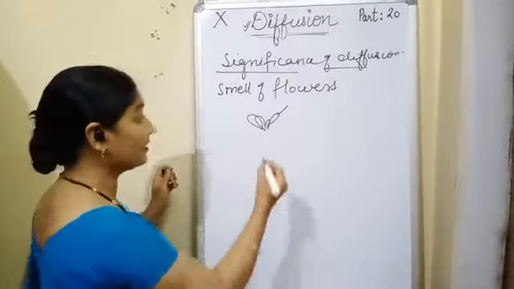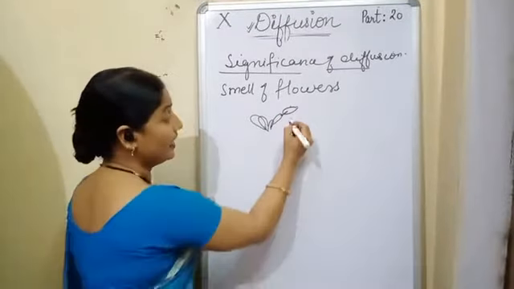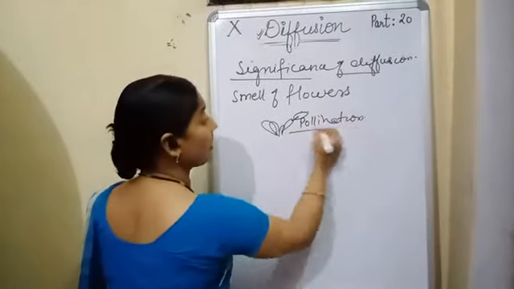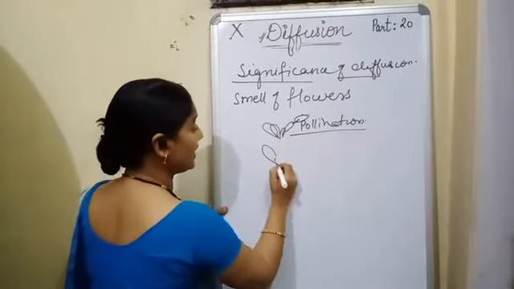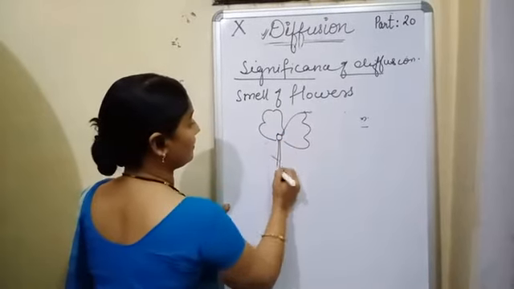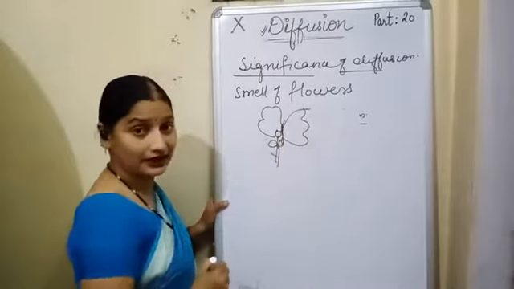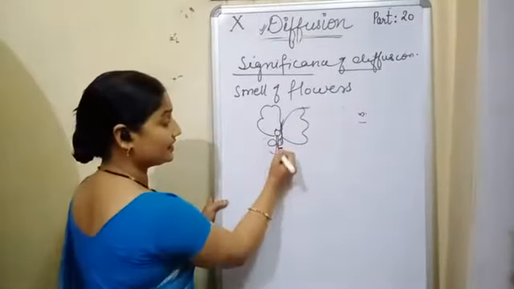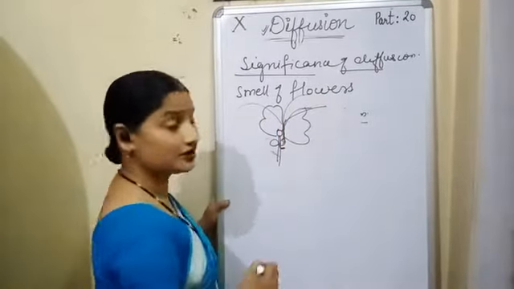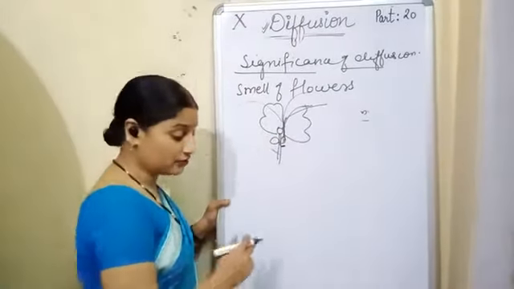Because of that chemical, the wasp or the insects are attracted towards the flower, and then they help in pollination. Now how does it happen? The chemical is released from the base of the flower. It is at the higher concentration and then it reaches the environment which is at the lower concentration. So this is the next significance of diffusion.